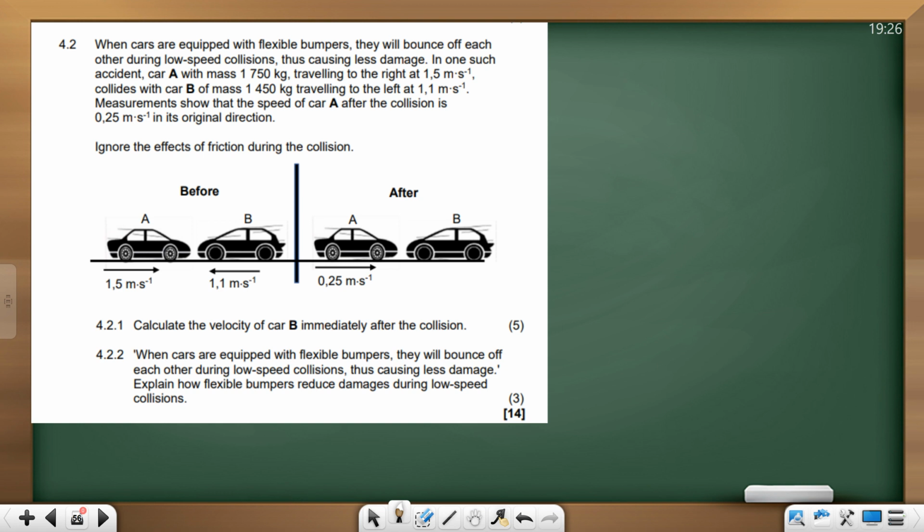I'm looking at the diagram quickly. Measurements show that the speed of car A after the collision is 0.25 in its original direction. Calculate the velocity of car B.